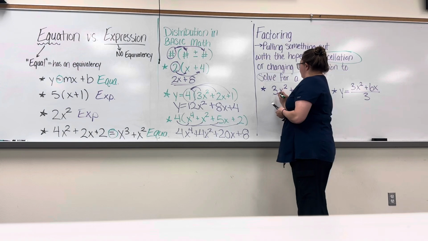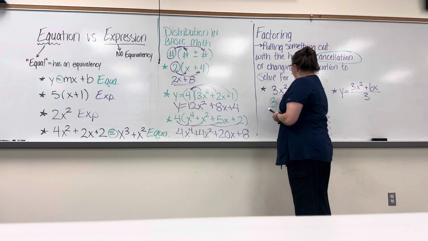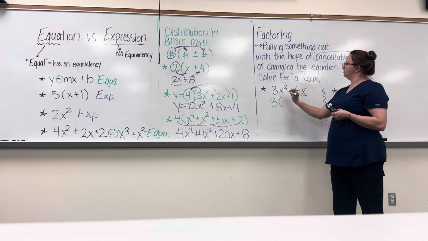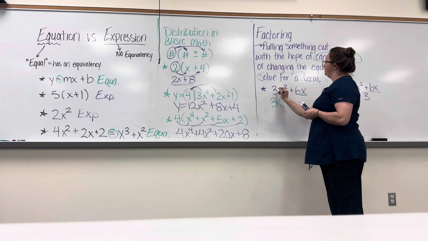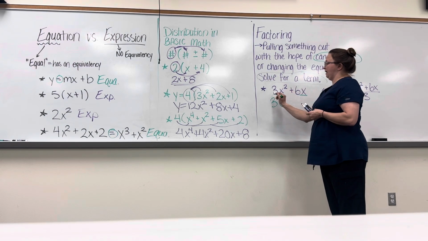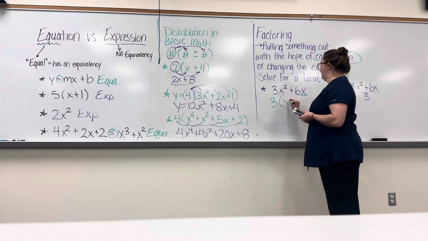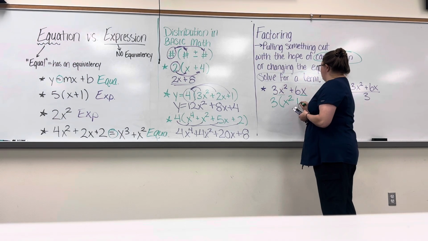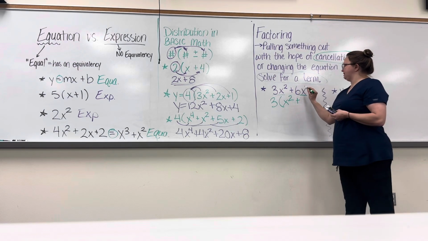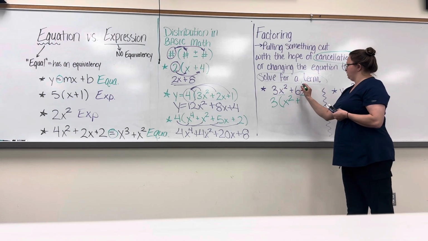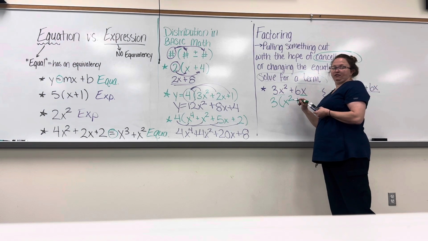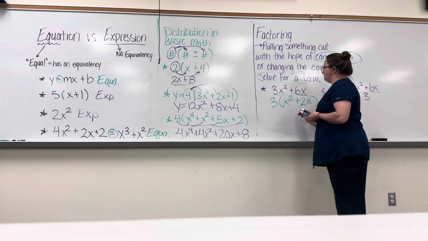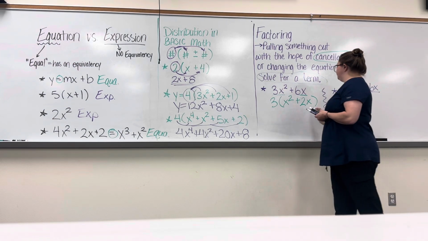So you're going to suck a 3 out, and what's left inside the brackets? Well, if you divide 3x squared by 3, all you're going to have is x squared left, plus 6x divided by 3. You're going to divide that 6 by 3, you're going to have 2x left, and that is your factored form.